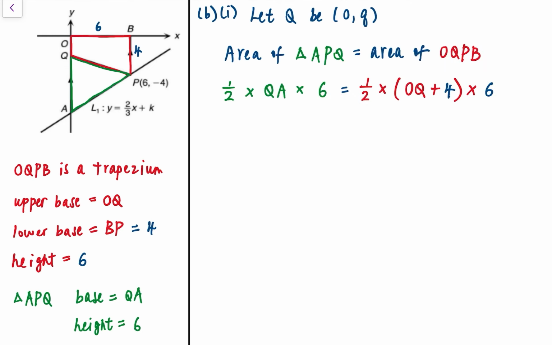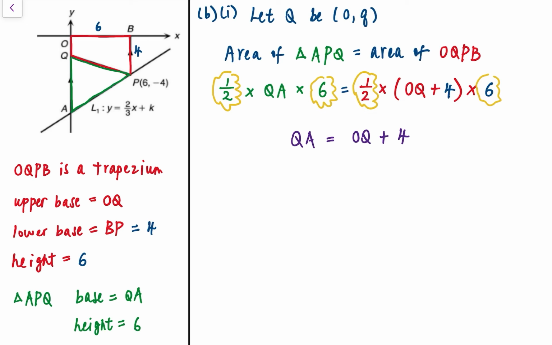The area of triangle APQ equals the area of OQPB. So we have 1/2 times QA times 6 equals 1/2 times (OQ plus 4) times 6. After simplification, we have QA equals OQ plus 4.